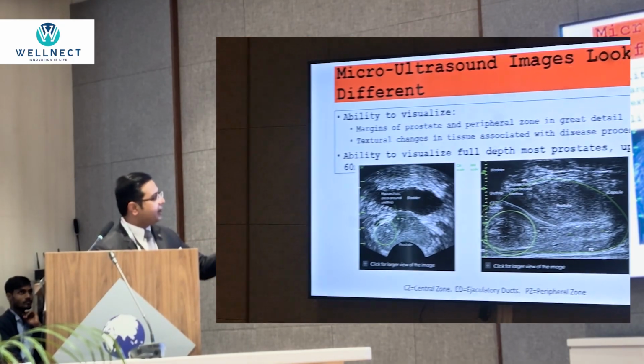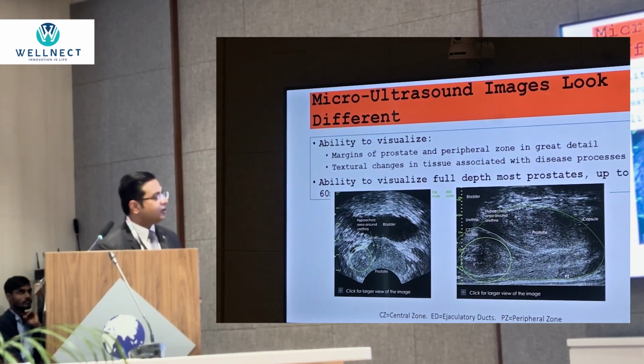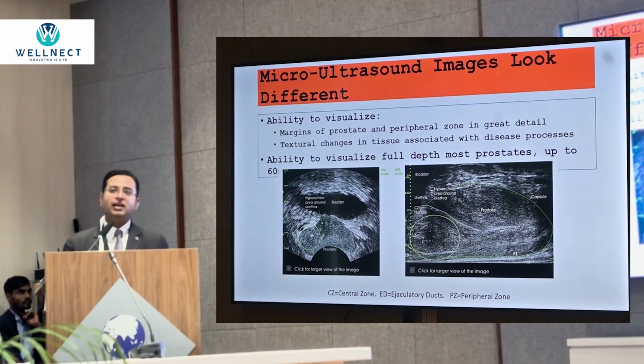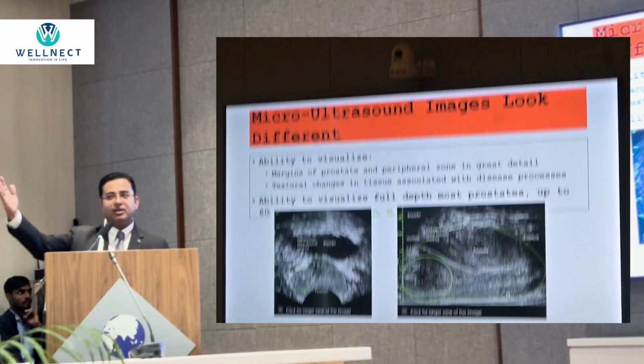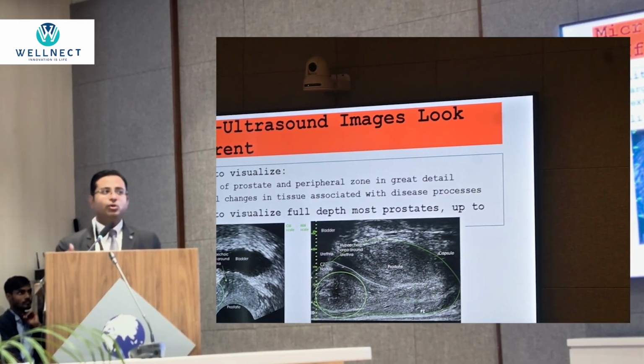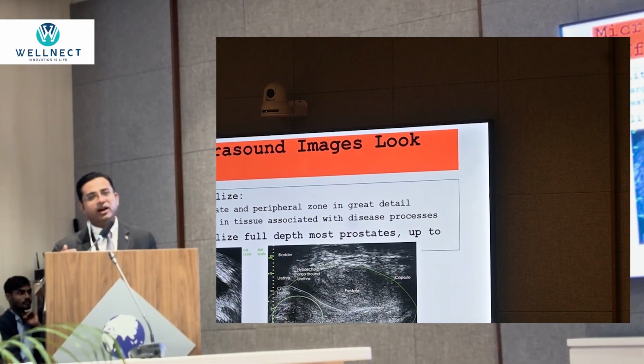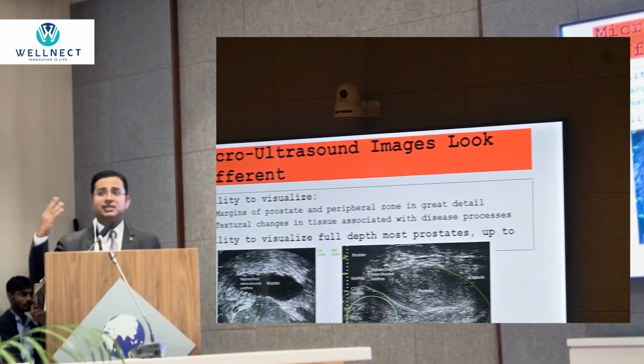Again, better delineation of the margins of the prostate. One of our problems is that the MRI is done at some other place that we don't know. Tomorrow we post this patient for a radical prostatectomy, and we are trying to do a nerve spare based on somebody else's understanding.